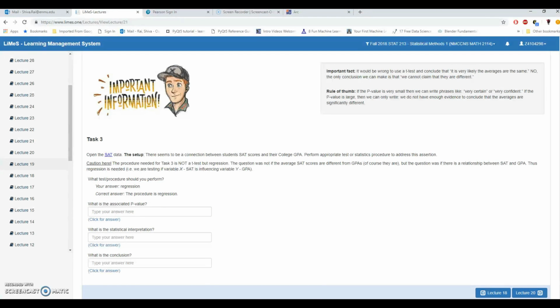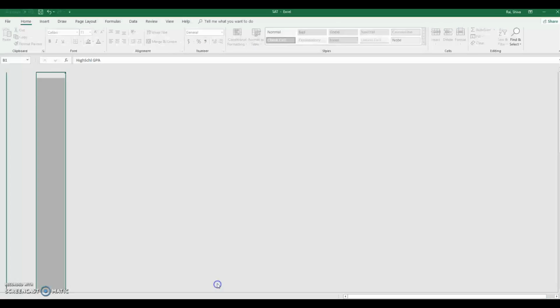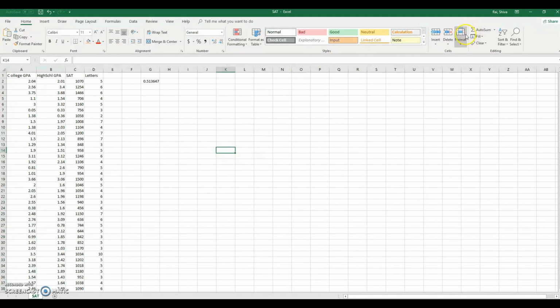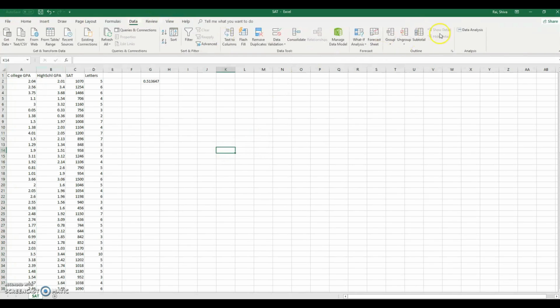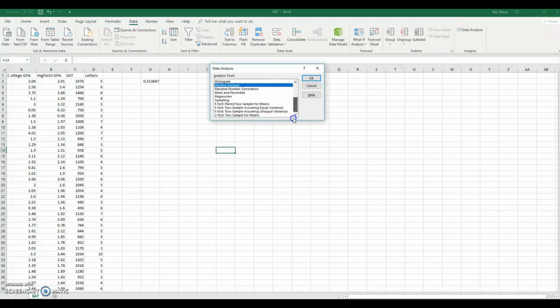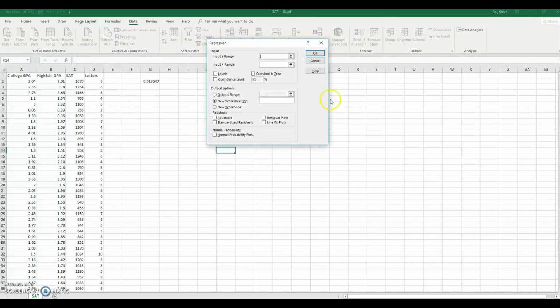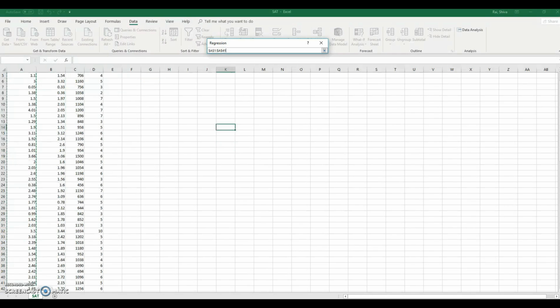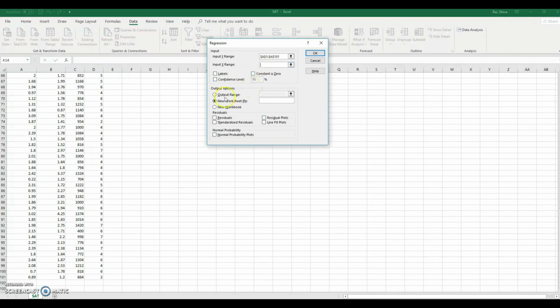Let us go to the SAT data that we have previously come up with. Go to Data, Data Analysis, and go for Regression. Click on OK. Input Y range: the Y range is college GPA, so we go for this one, and the X range is SAT.